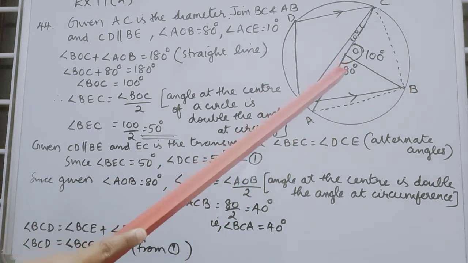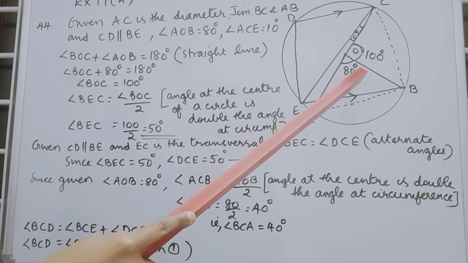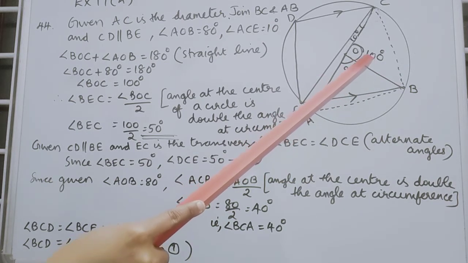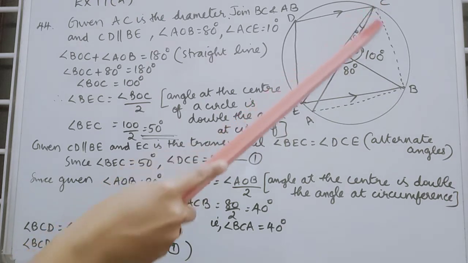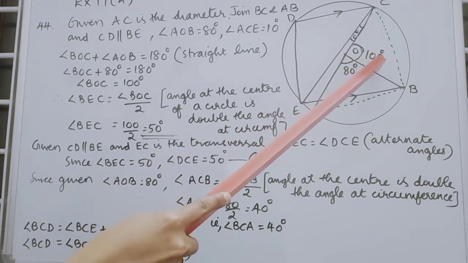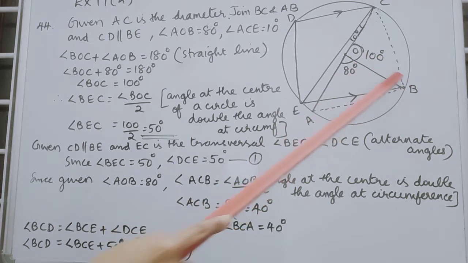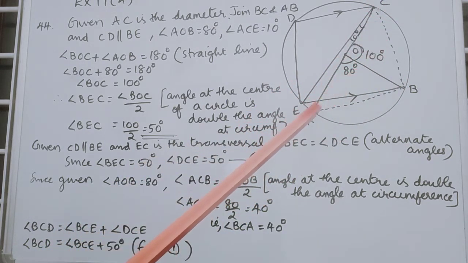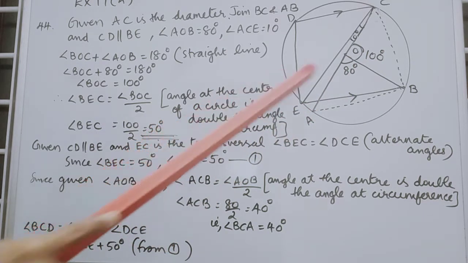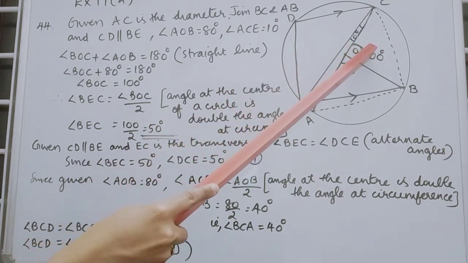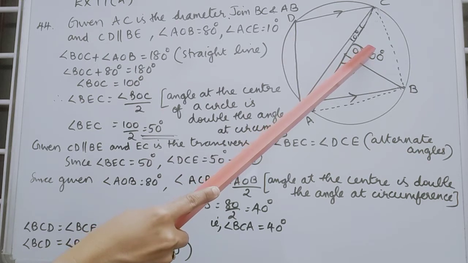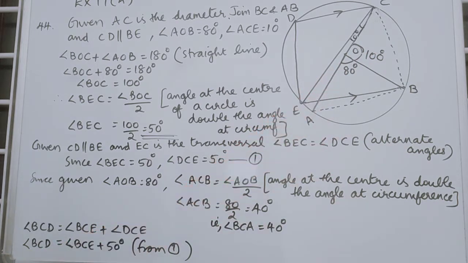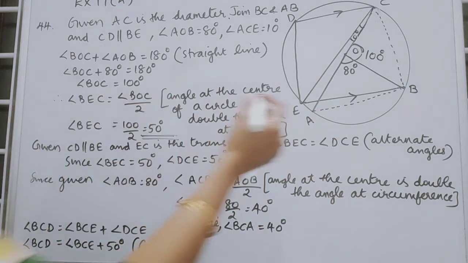So how can we write BEC? BEC will be BOC divided by 2. What we got BOC? BOC as 100. So BEC will be 100 divided by 2, that is equal to 50 degree. The reason is angle at the center of the circle is double the angle at the circumference.